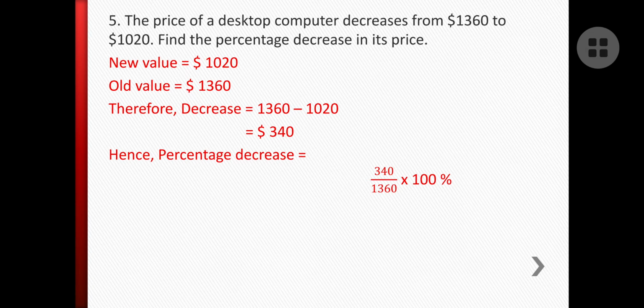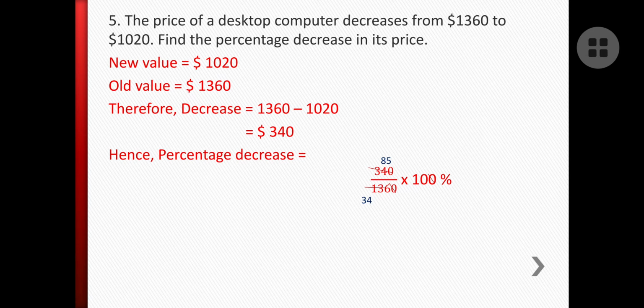Now you can simplify and get the final answer. First I just cut the zeros. Then I divided with 4. So 136 by 4 is 34 and 340 by 4 is 85.